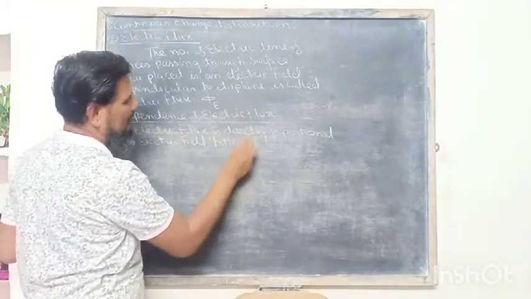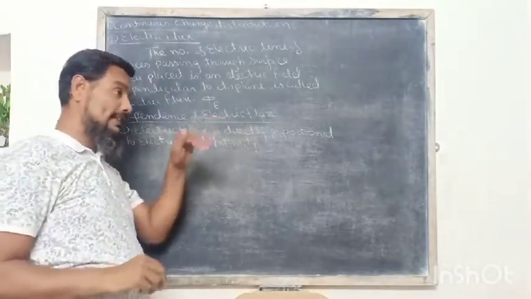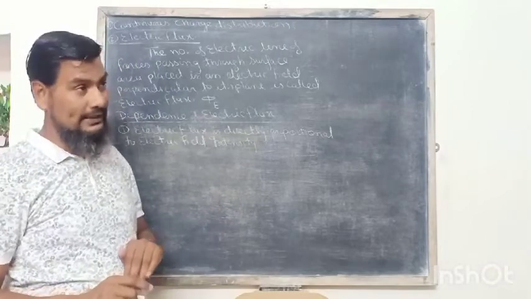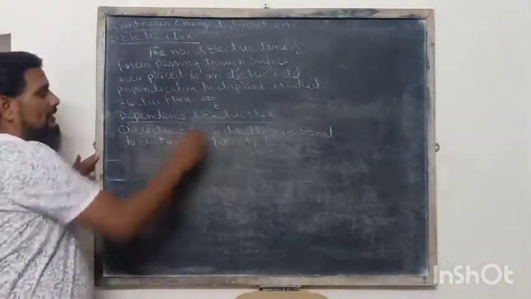If the electric field intensity is greater, the density of electric line of forces will be greater, so more electric line of forces pass through the given surface area, so electric flux will be greater.